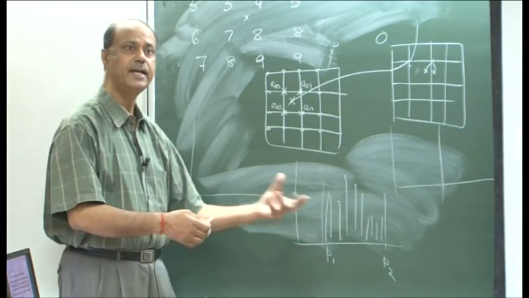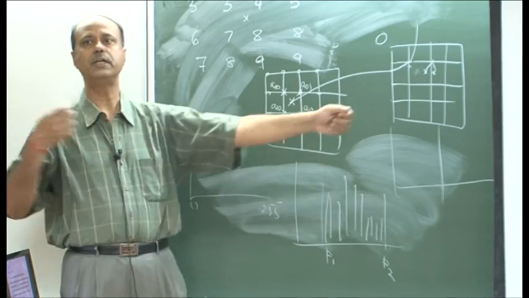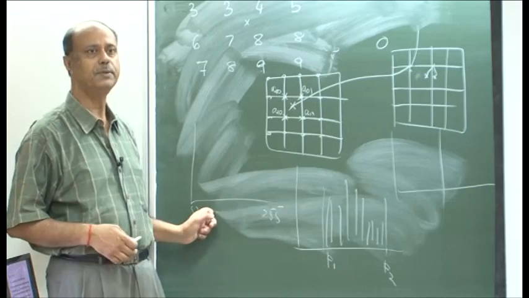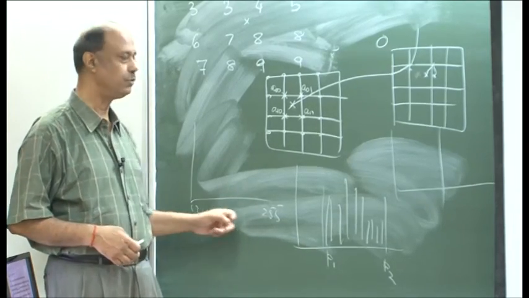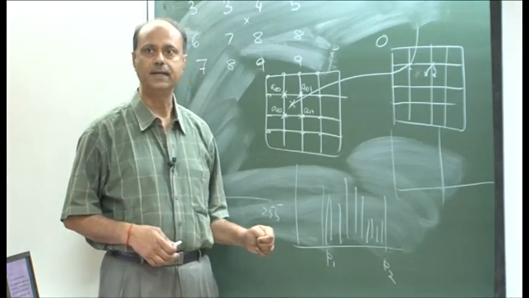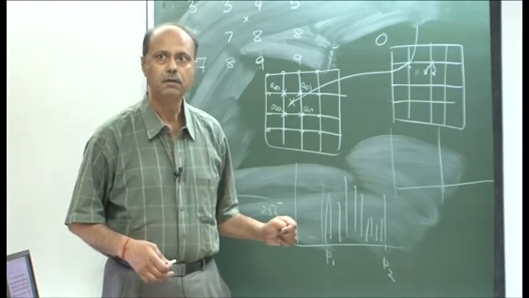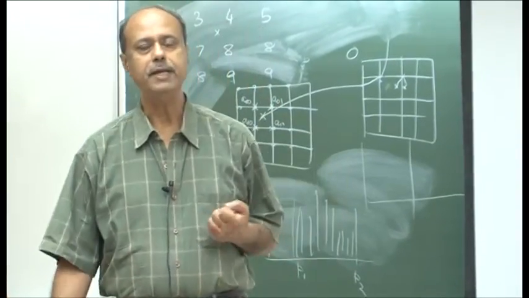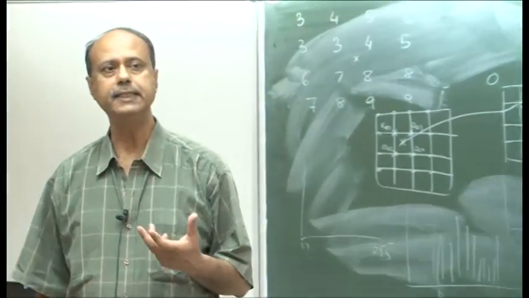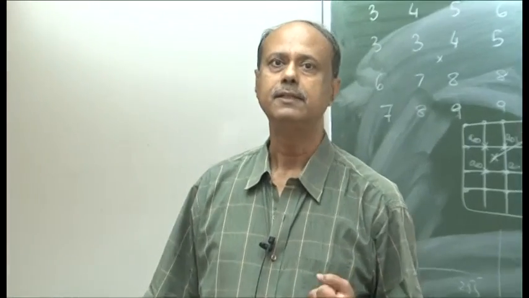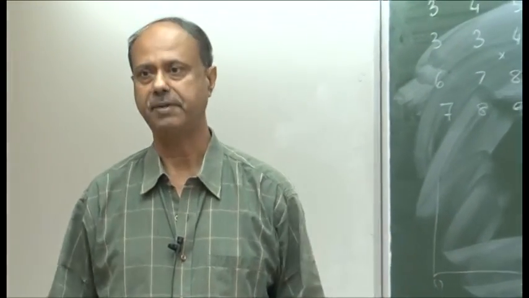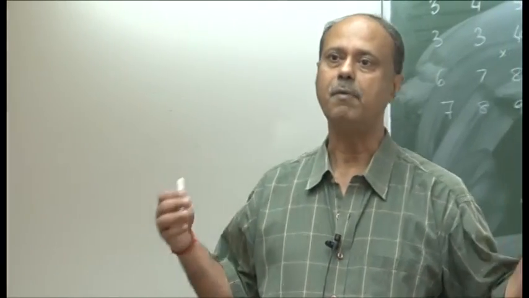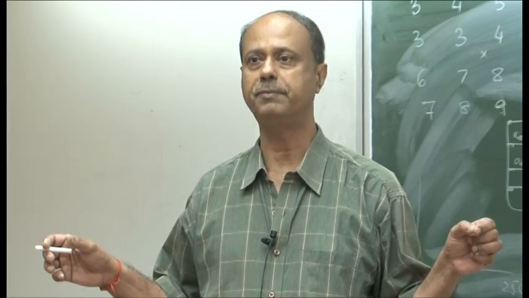So, this has to be expanded in that order, so that the range lies between 0 and 255. Is it clear? Why would we perform this on an image? Suppose I have an image whose intensity is lying between 35 and 75, even though I have the power to have 0 to 255.